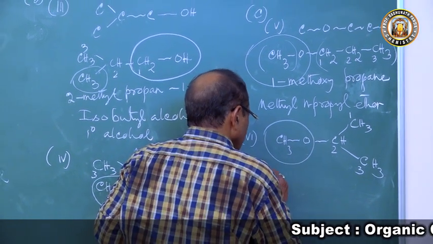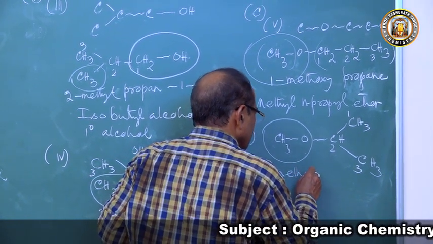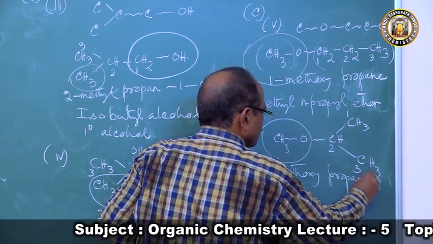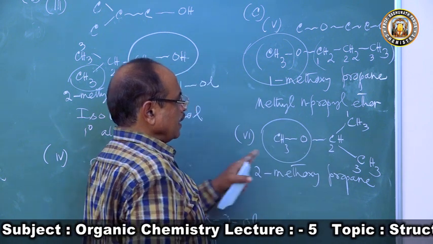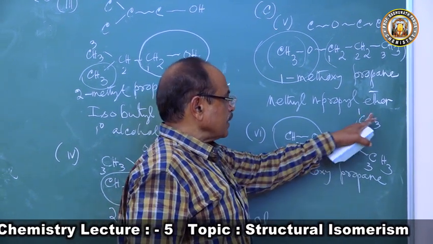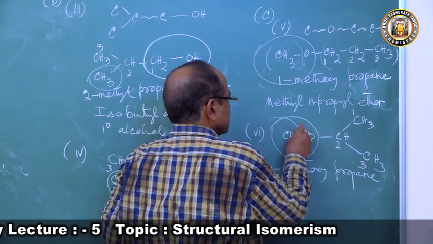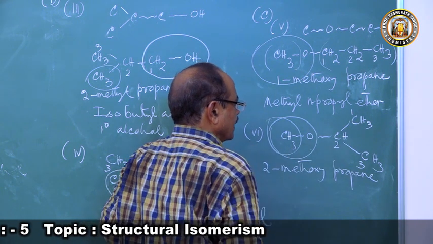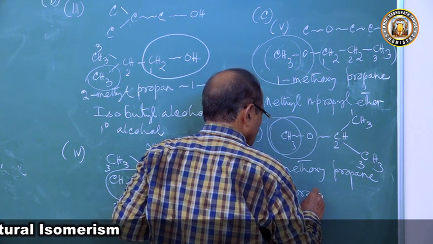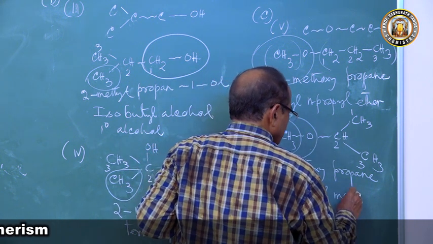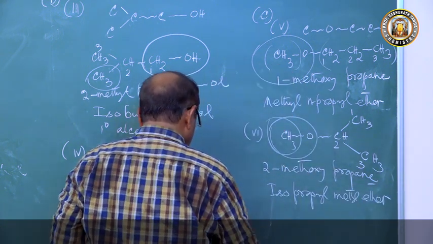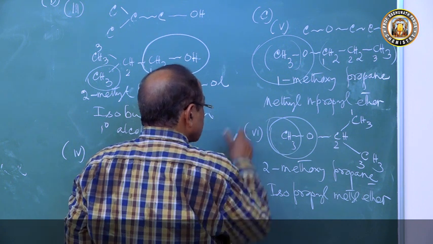So the IUPAC name is 2-methoxypropane. The common name: this is methyl, this is isopropyl, so isopropyl methyl ether.